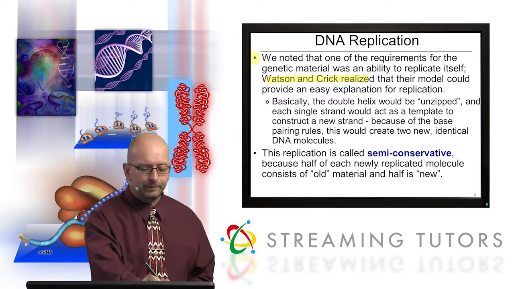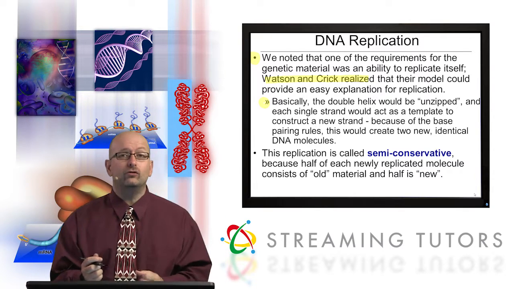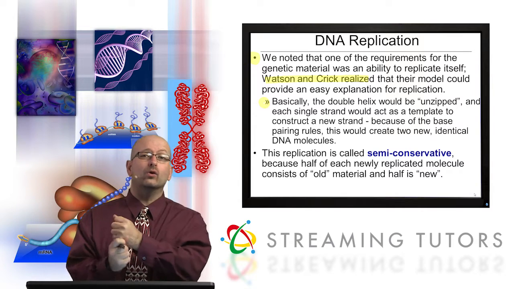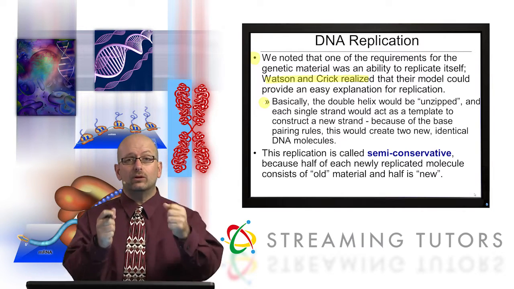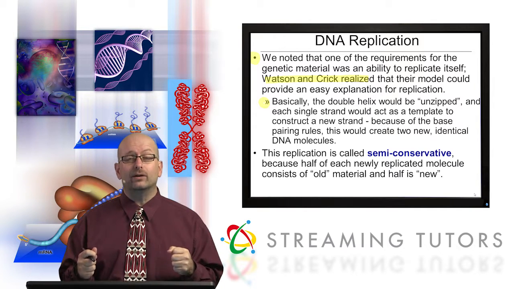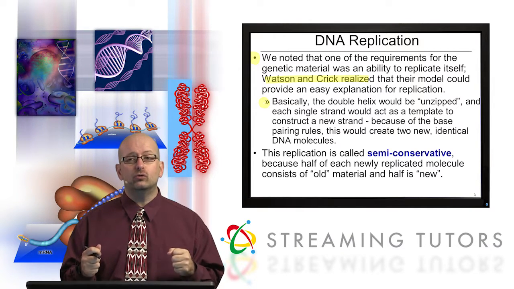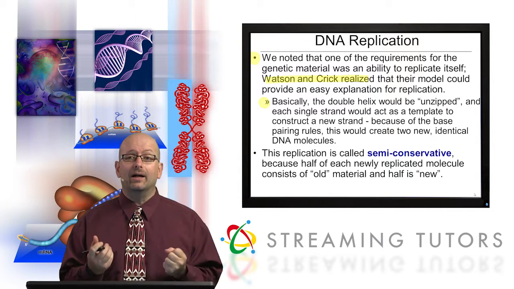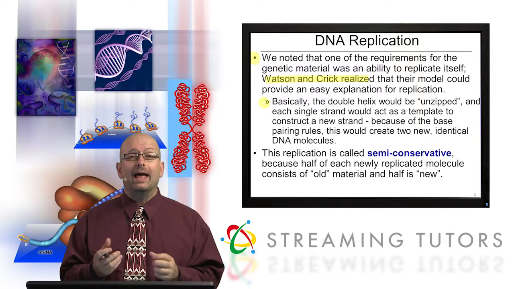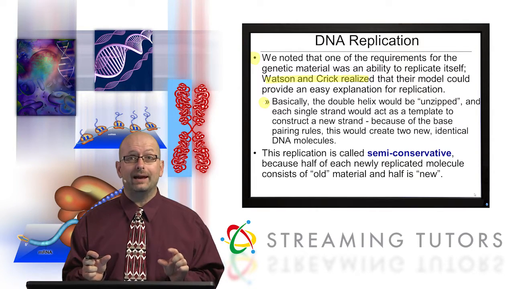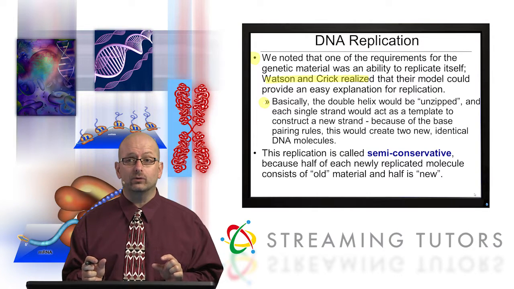So they said that they could envision, as I'm sure you can, the double helix being unwound or unzipped, and that each single strand, now separated from one another, would act as a template to construct a new strand, relying solely on the base pairing rules. And that would create two new, at least informationally identical, DNA molecules.